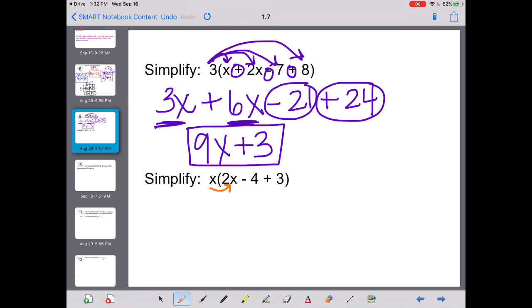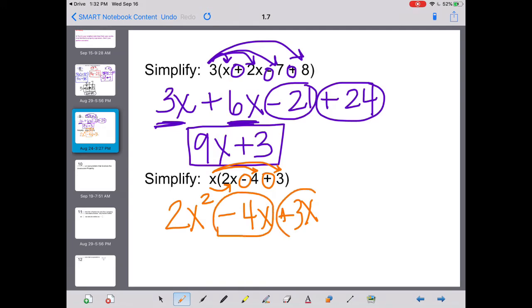Okay, bottom question. The x has to be shared with the 2x. So like I said before, when you multiply an x times an x, that means x to the second power. So I actually have 2x to the second power minus x times 4, which is just 4x, plus x times 3, which is 3x.